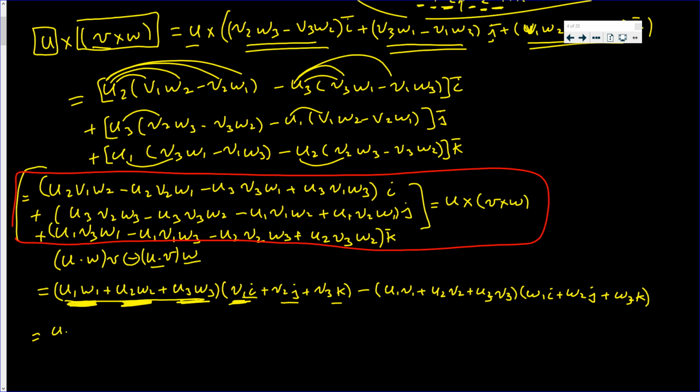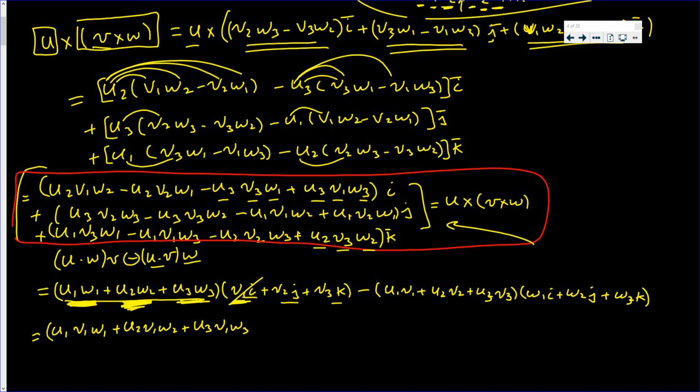So you're going to have U1, and I'm going to put it in alphabetical order, UVW, UVW, UVW, every one of them. So it's U1 V1 W1, plus U2 V1 W2, plus U3 V1 W3. So I dealt with that.